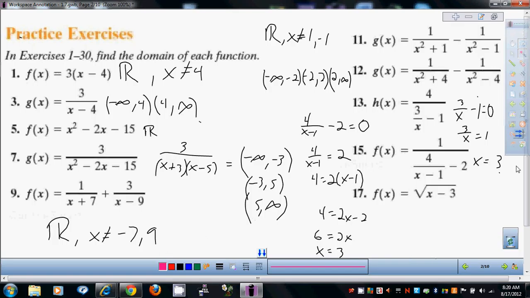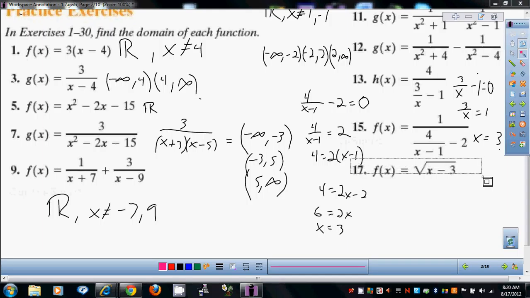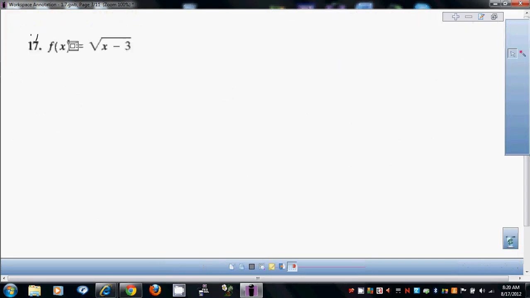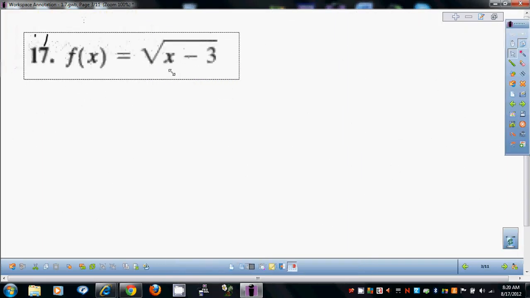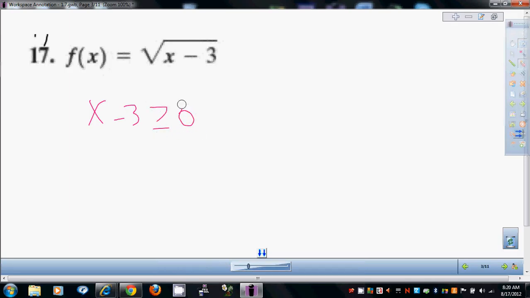I'm just going to take this problem elsewhere because we are low on space. 17: just take what's under the radical, set it equal to 0. Or if you want to cut to the chase, you know that this has to be greater than or equal to 0. So really, just solving this thing for x will be our domain.